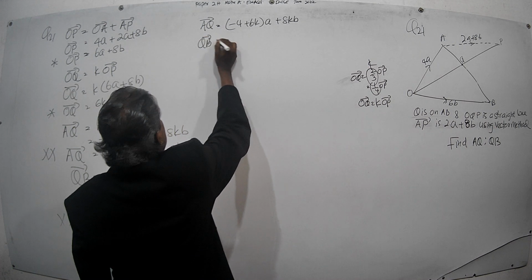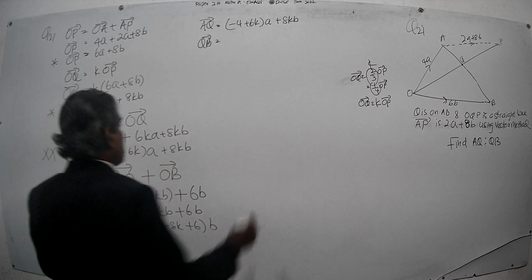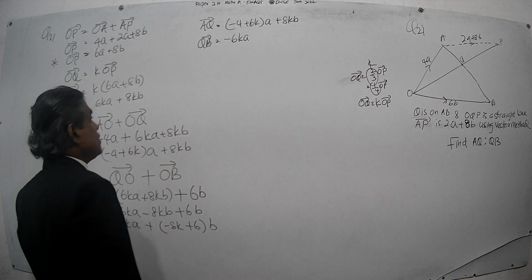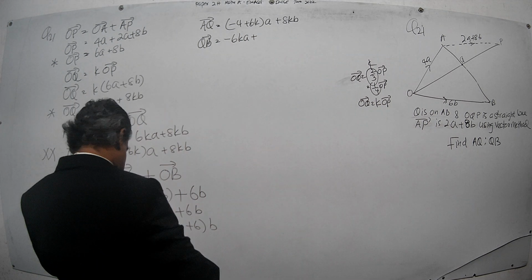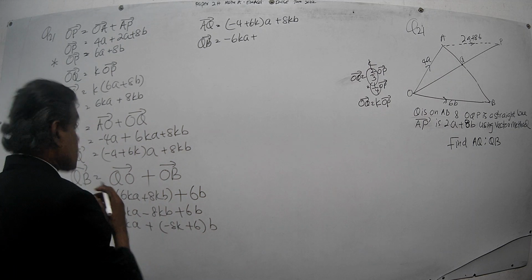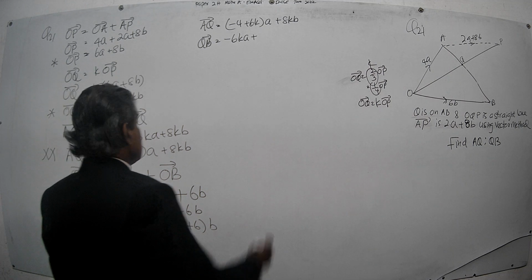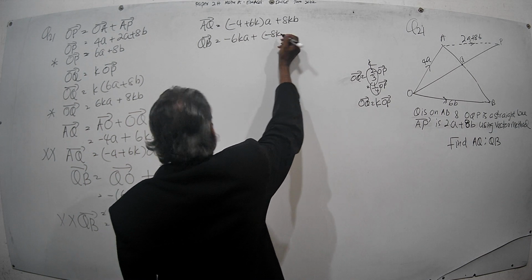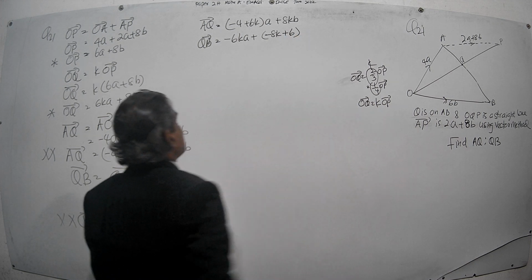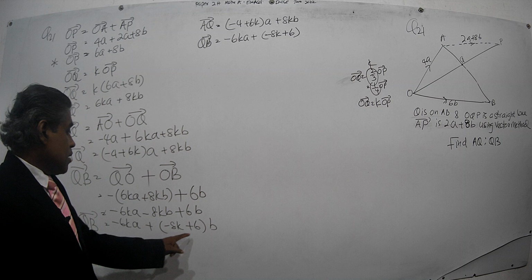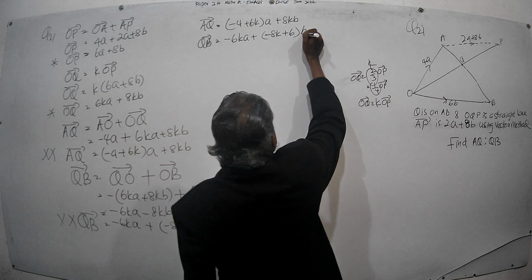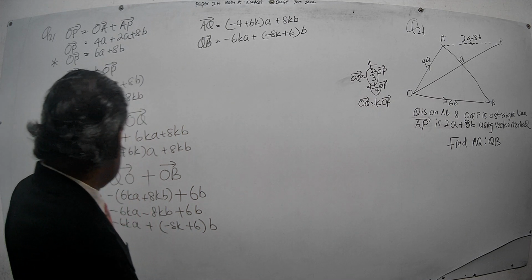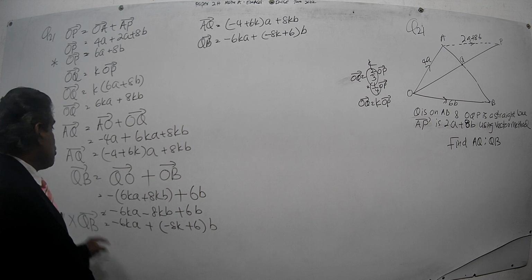QB vector equals minus 6kA plus, within brackets, minus 8k plus 6, B. So they are the two vectors AQ and QB.